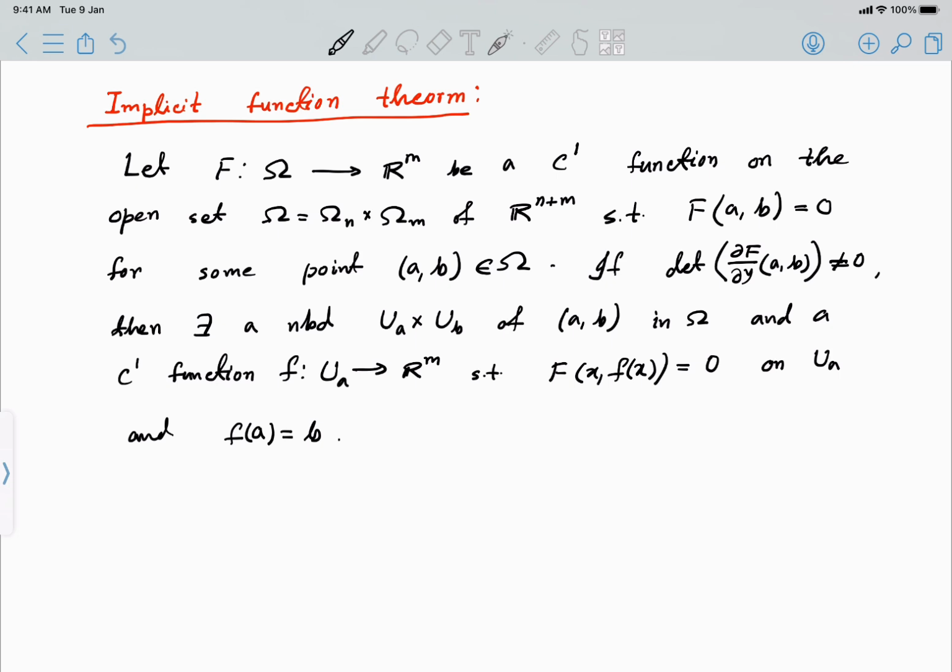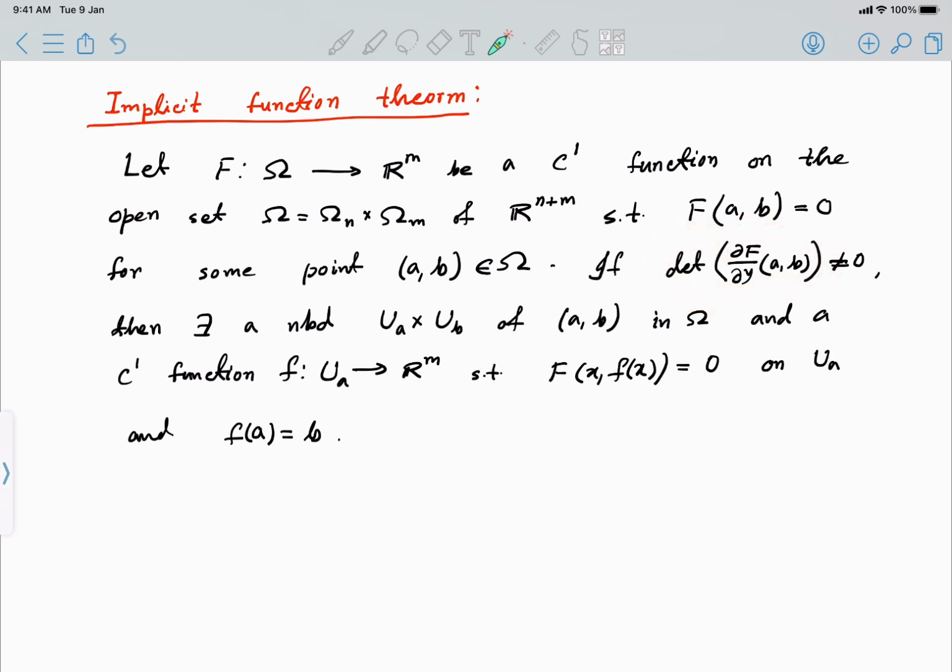So it is saying that if a C1 function is given on an open set omega_n cross omega_m, and at some point (a, b) it is 0, and del f by del y is a linear transformation, an m cross m matrix, so the determinant is well defined.